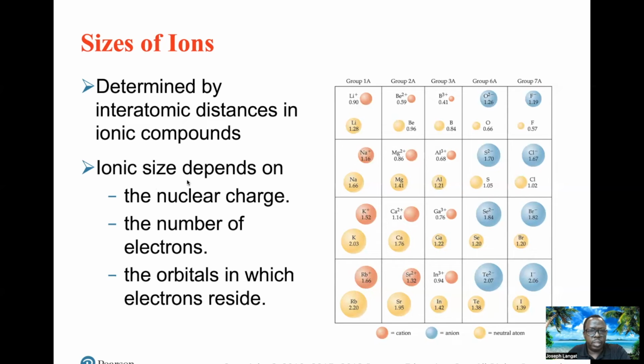The ionic size, just the radius, depends on, one, the nuclear charge, and it affects the number of electrons.